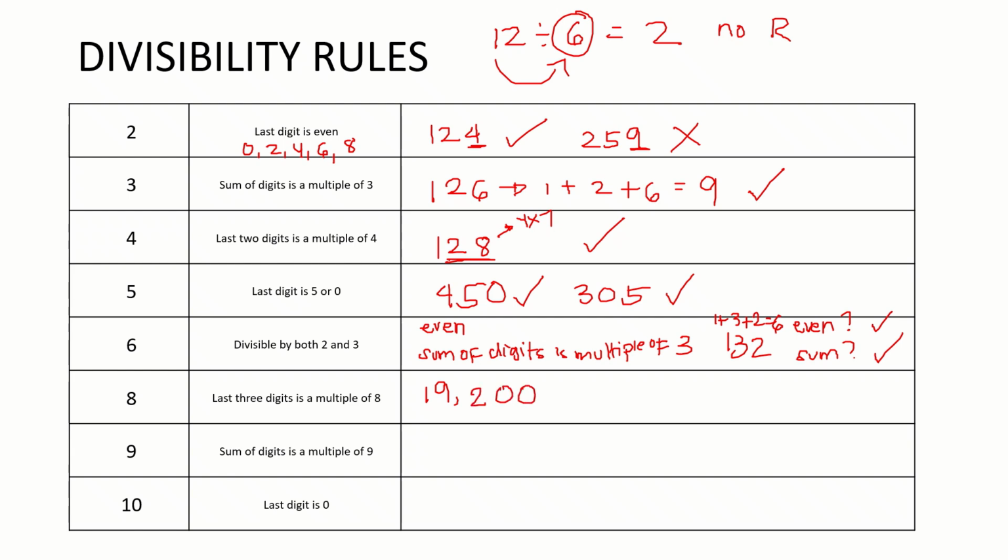All you need to do here is get the 3 digits, divide it by 8, and then if you get no remainder, that means the whole thing is also divisible by 8. So you don't have to do the whole thing, just these 3 digits. And 200 is in fact divisible by 8, so that means 19,200 is also divisible by 8.